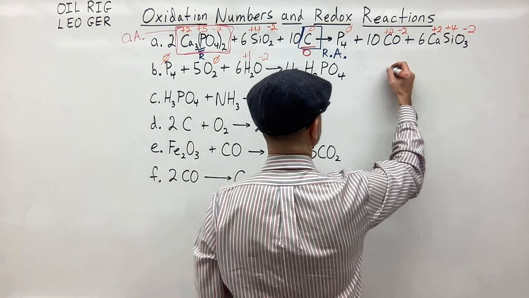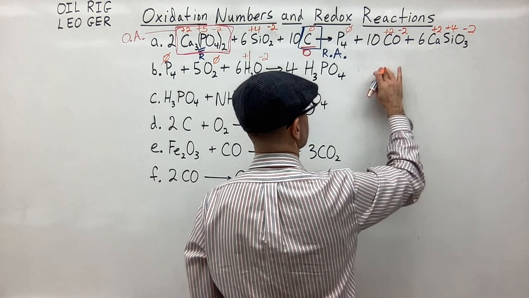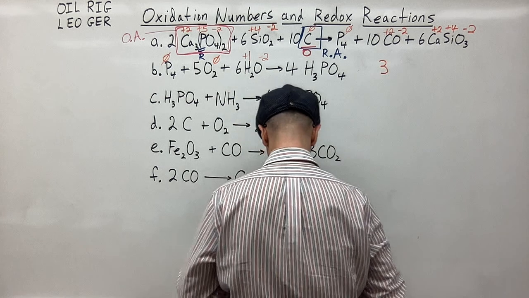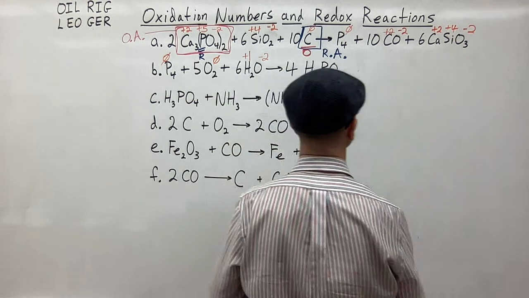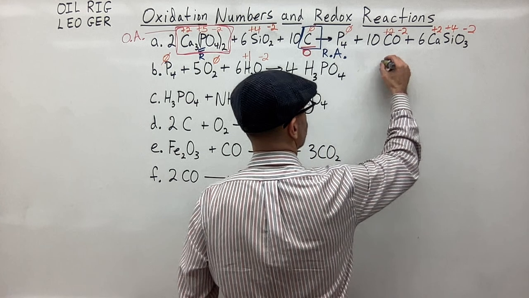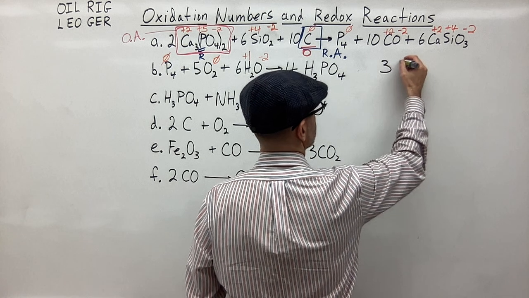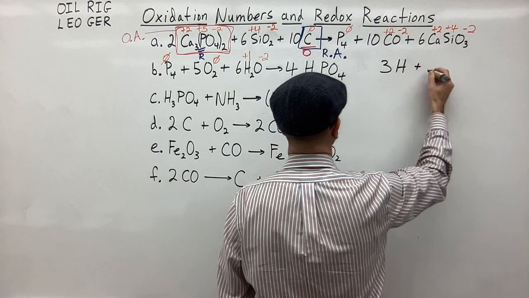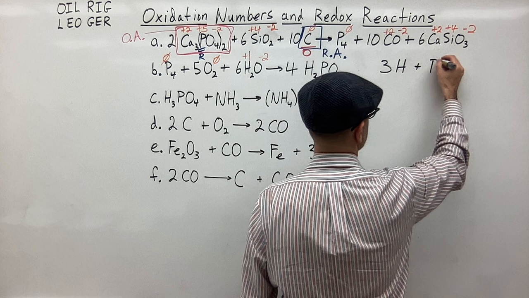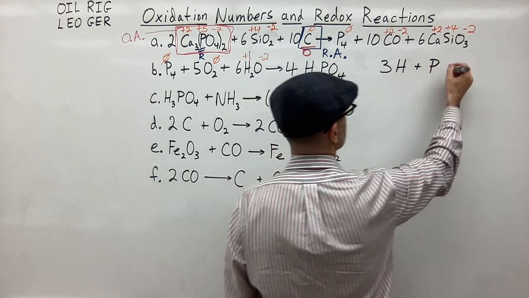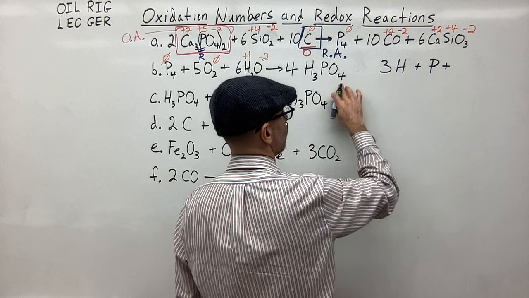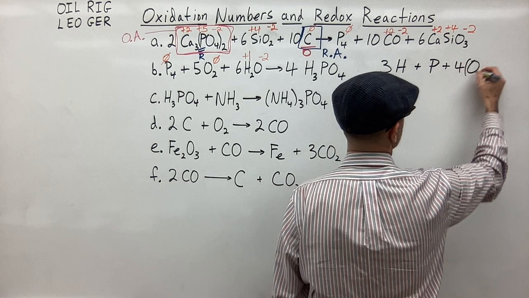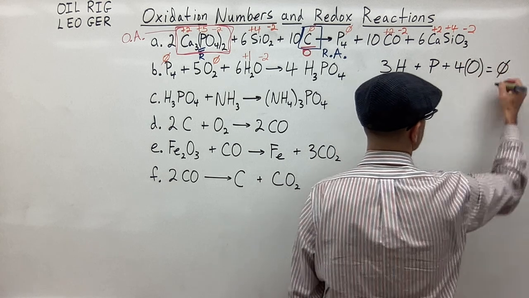So here we have 3 hydrogens. Let me use a different color. So we have 3 times the oxidation state of hydrogen, plus the 1 phosphorus, the oxidation state of phosphorus, plus 4 times the oxidation state of oxygen, and that's going to be equal to 0.